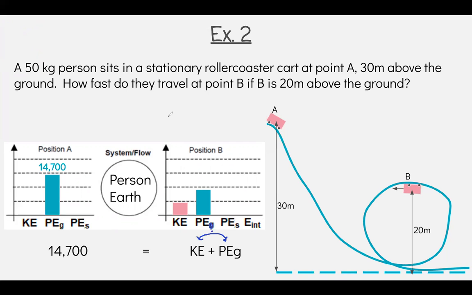You might, as a sub step, need to calculate PEG so that you can get the kinetic energy. If you can figure out the potential energy at B from its height, then we can solve for the kinetic energy. So sometimes if you're missing an energy, there is enough information elsewhere in the problem to find it.